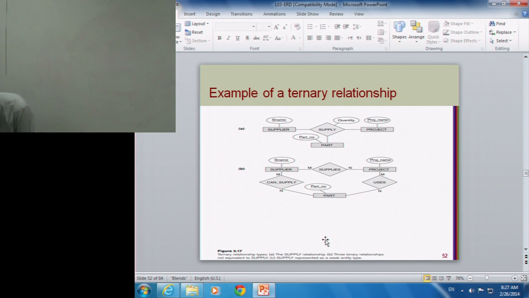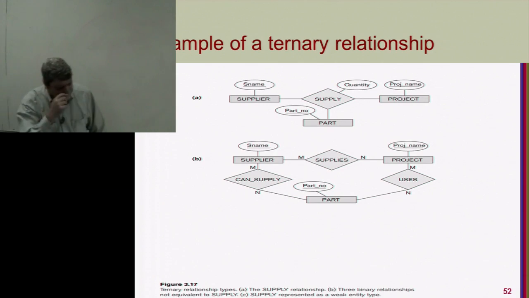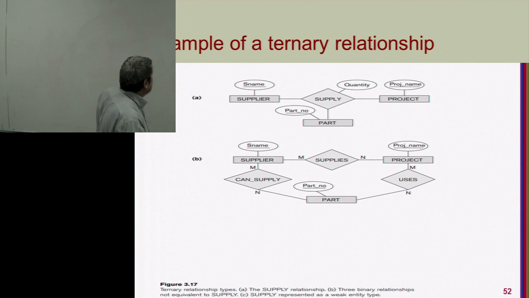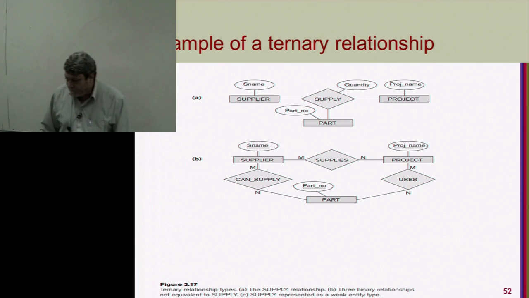We discussed this example. Let me make it bigger. So we said that, for example, pointing with the mouse, the supply is a relationship that says that the supplier supplies these parts to that project. So this is how to read it. Okay?